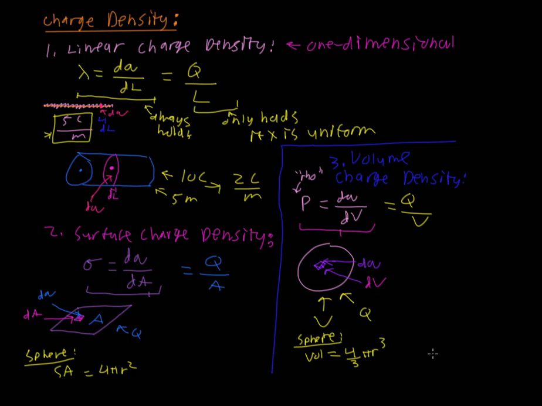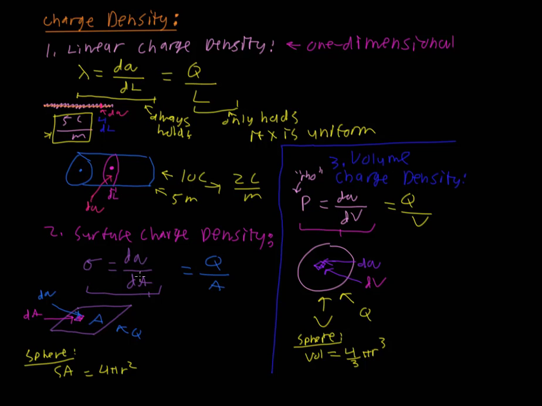Again, r is just the radius. So these are handy things to keep in mind if the charge density happens to be uniform, where it's just some number. Otherwise, you want to use these infinitesimal parts that always hold, whether the charge density is uniform or not.